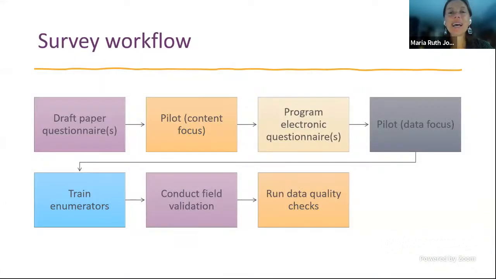Okay, so first here is just thinking about what are the stages of the survey workflow that are relevant, and we break this down into 7 different stages in our description in the chapter. So the first is drafting the questionnaire, which we recommend doing on paper, reasons I'll discuss. Then piloting it with a focus on the content and refining the content of that questionnaire.